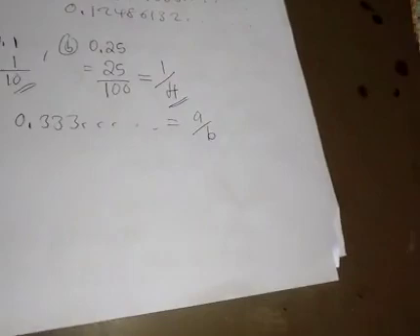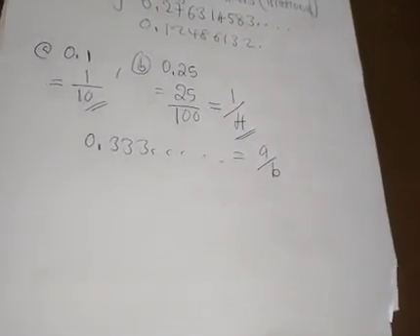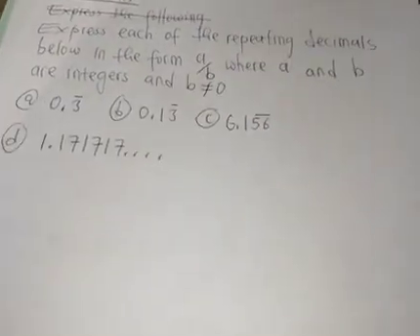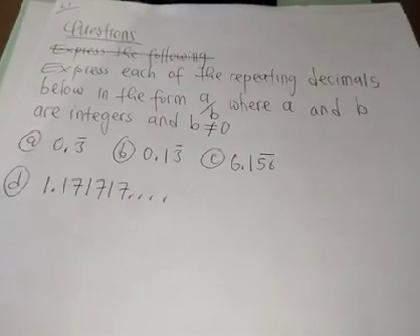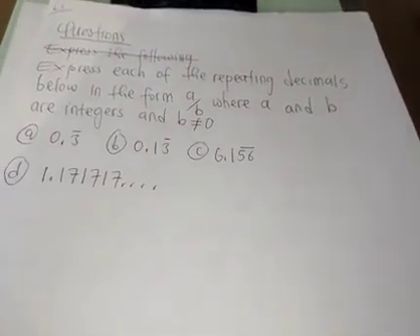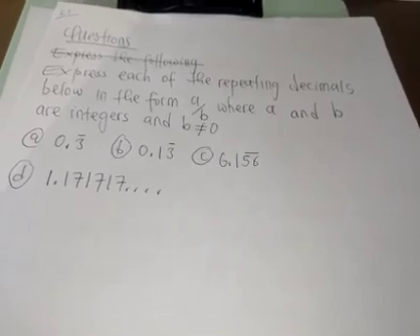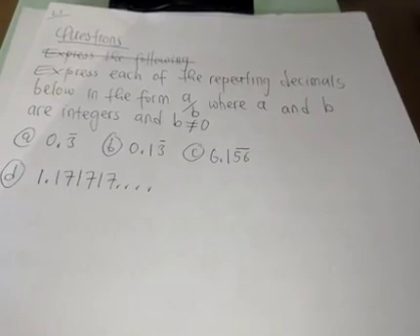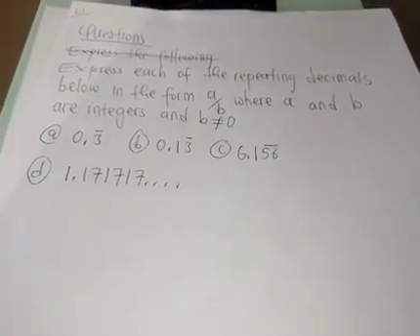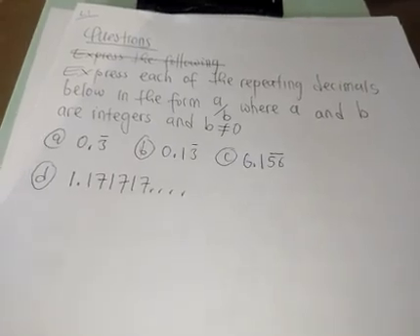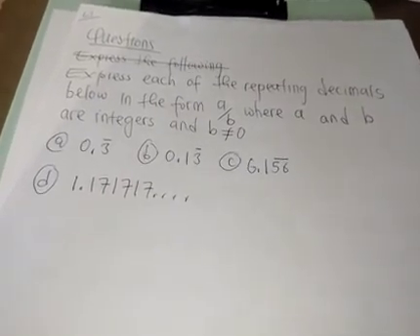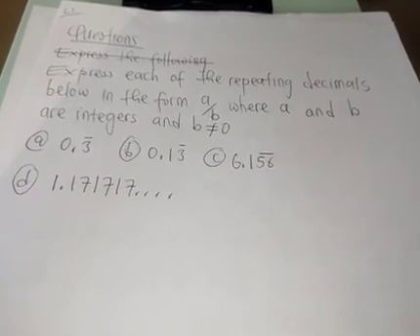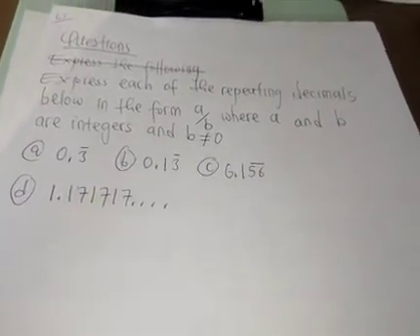Now we can convert such numbers. Okay, so we have questions there. Express each of the repeating decimals below in the form A over B, where A and B are integers and B is not equal to 0. So we have those 4 questions.